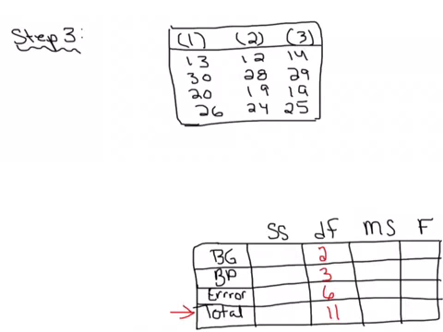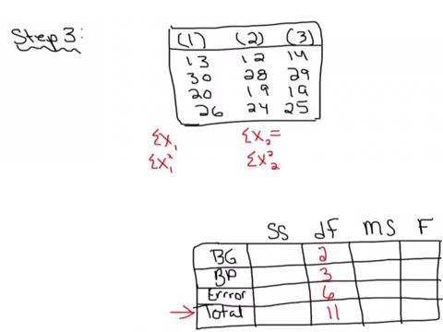But to get any of the calculations in my ANOVA table, I'm going to need to get all the basic calculations. So what I'm going to do is walk through and get my sum of x for group 1, my sum of x squared for group 1, my sum of x for group 2, and my sum of x squared for group 2.